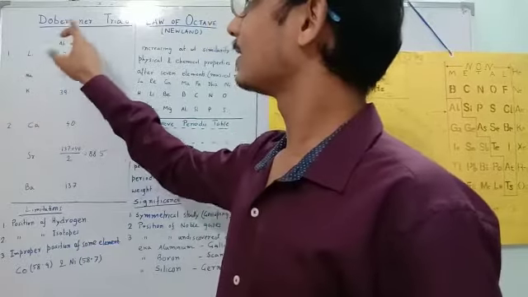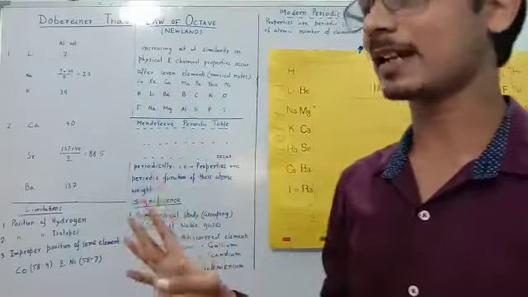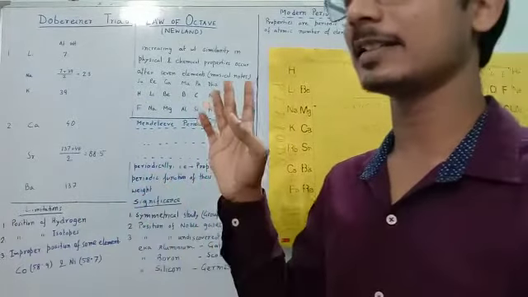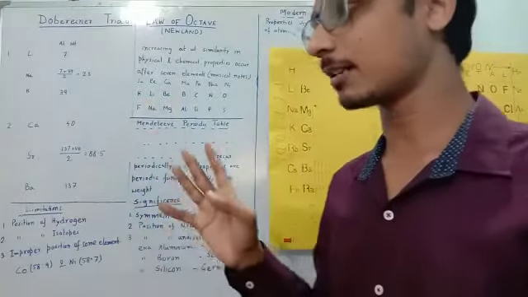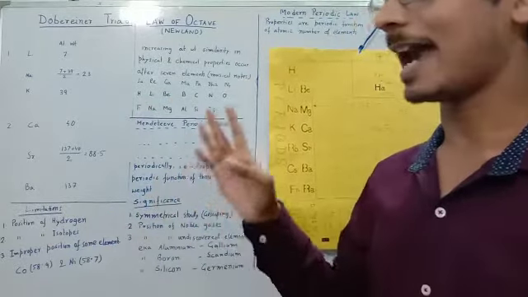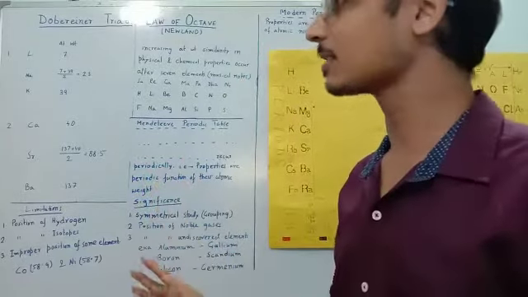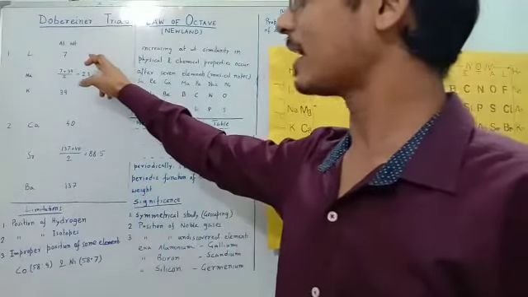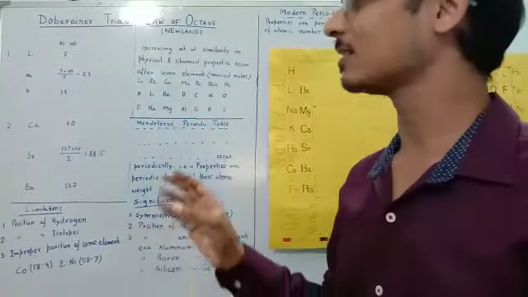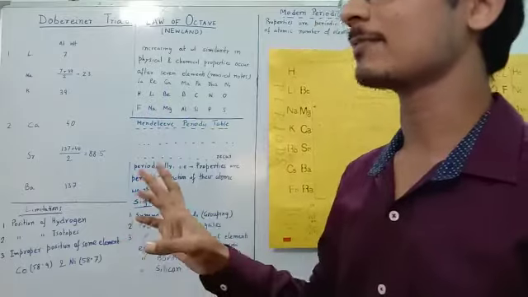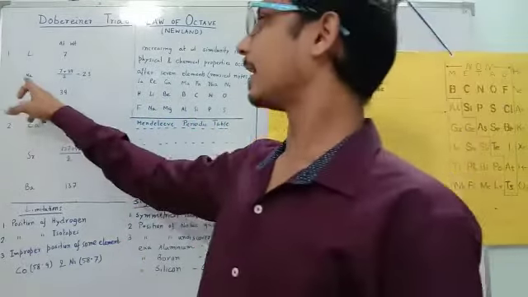That is, if 3 elements are chosen such that they have similarities between their physical and chemical properties and are arranged in ascending order of atomic weight, then the average of the atomic weight of the least and highest element is the atomic weight of the middle element.